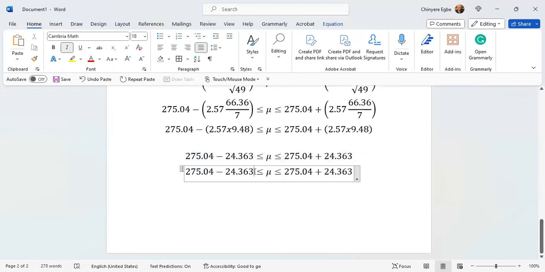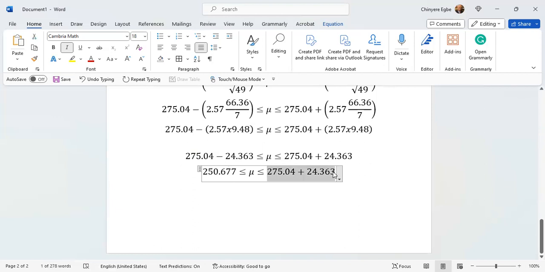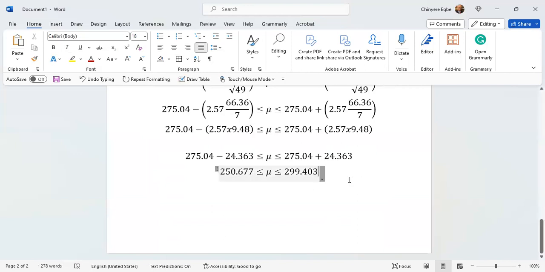So what is 275.04 minus 24.363? 250.677. And what is 275.04 plus 24.363? It is 299.403. Very good. So now we have the calculation for the other neighborhood.